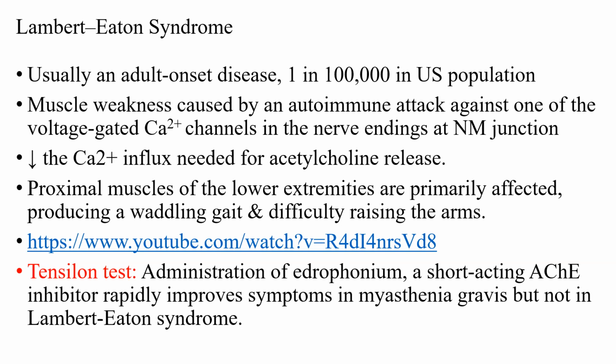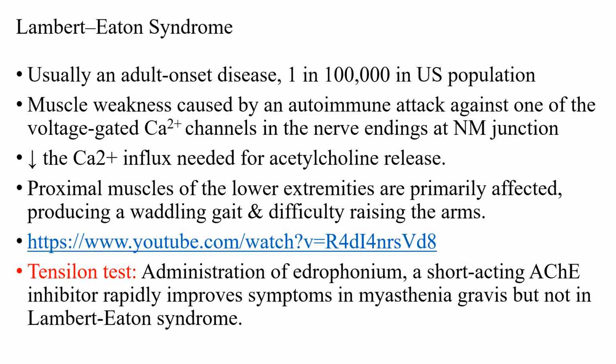The neurotransmitter is there, but it is not released, right? So there is decreased calcium influx needed for acetylcholine release. Proximal muscles of the lower extremities are primarily affected, right? There is a waddling gait and difficulty raising the arms.